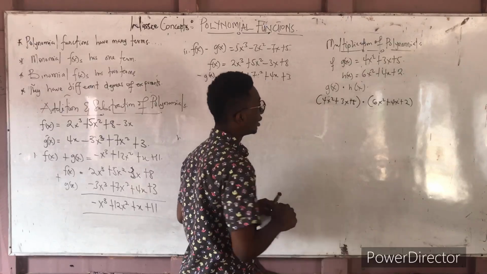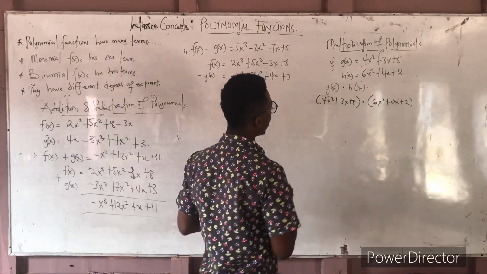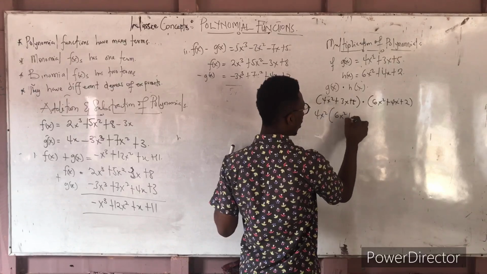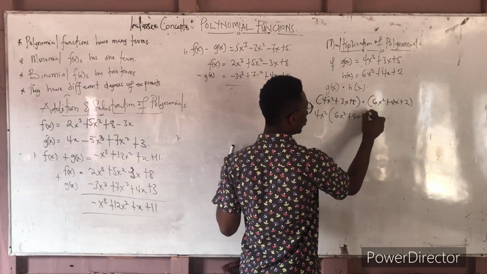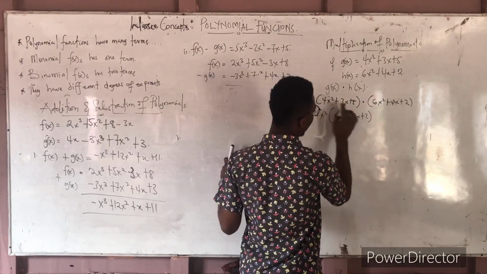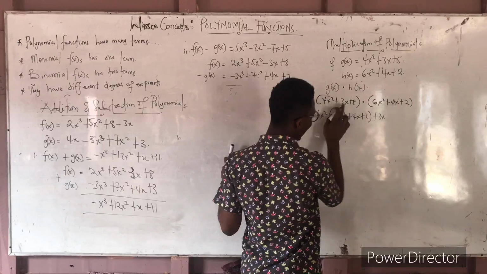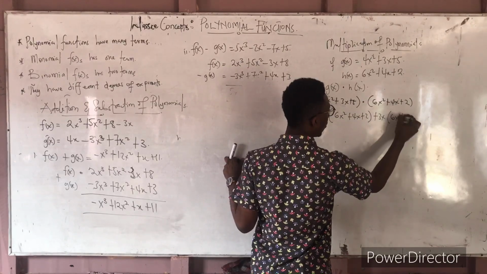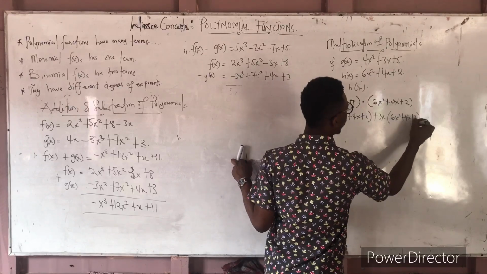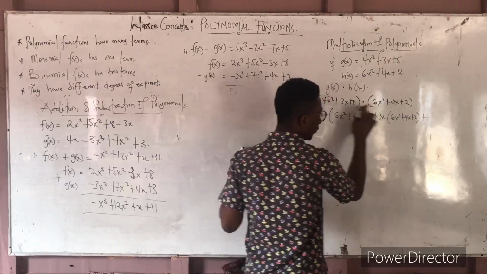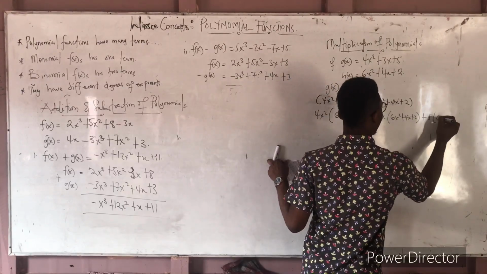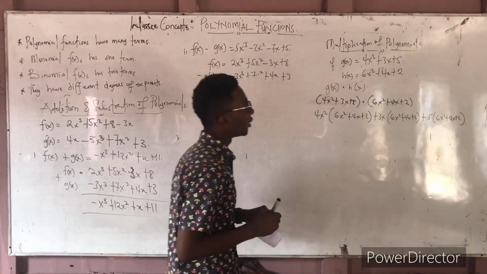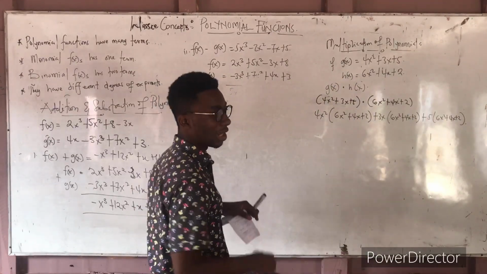So if you have this, what you can do now is you get your 4x squared multiplying 6x squared plus 4x plus 2, plus your 3x here, take this thing, multiply by the whole of this, 6x squared plus 4x plus 2, plus lastly your 5 multiply by this 6x squared plus 4x plus 2.